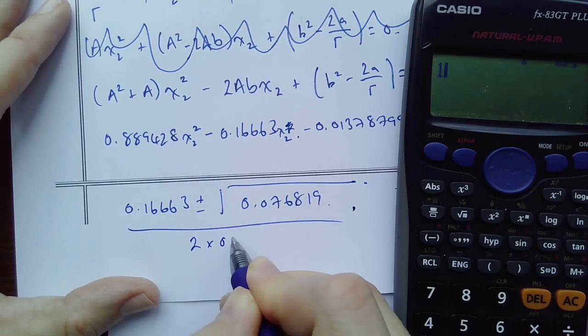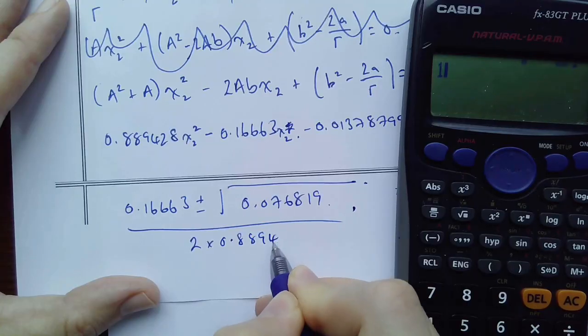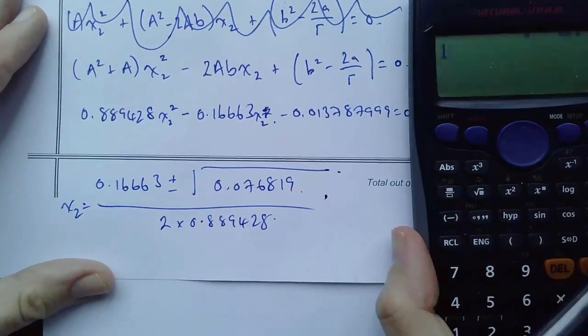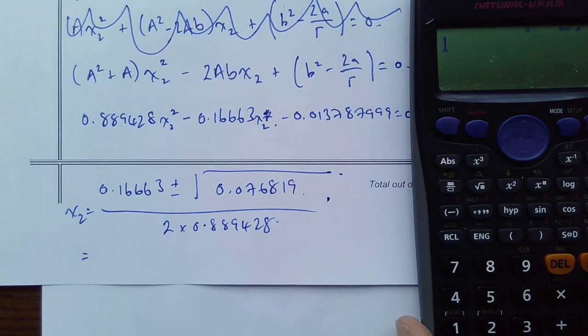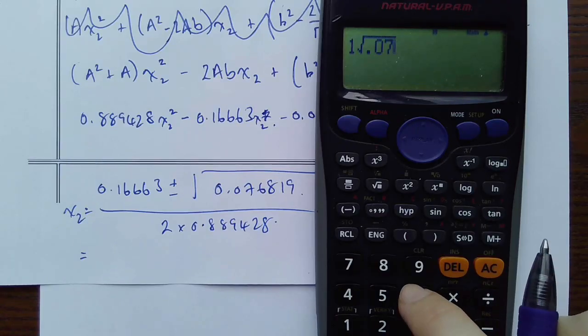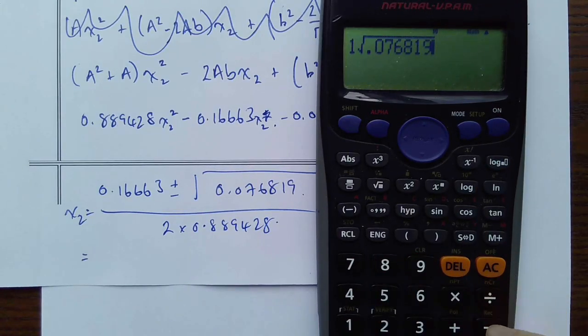Let's just do 2 times 0.889428. Okay, so that is going to be my value of x2. So let me work that out. The square root of 0.076819. And then it's going to be this plus this or this minus this.